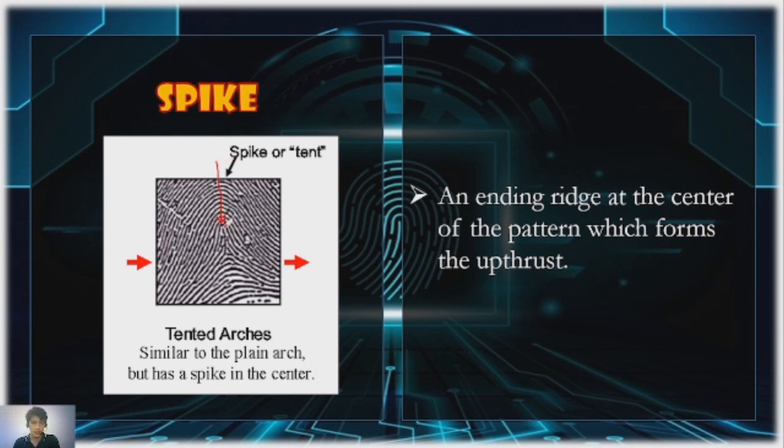We also have the tent. In other words, it's a spike or a tent. If you are able to see this kind of ridge characteristic, then it is possible that the pattern is a tented arch.